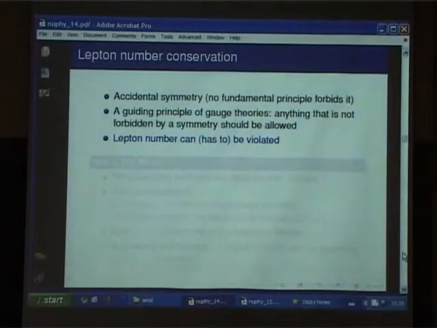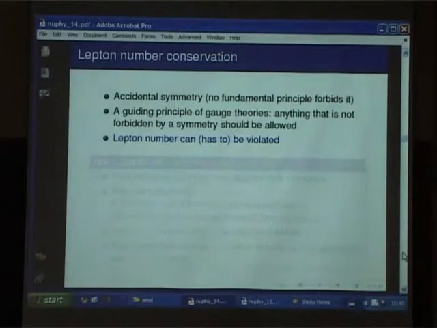All the conditions on your model should come from the gauge principle and not from arbitrary things like lepton conservation, baryon number conservation, parity conservation. The gauge principle does not give you that, so these are something extra. Actually, you don't want extra input. So this is the philosophy. The philosophy finally tells you that lepton number can be violated, so it has to be violated.